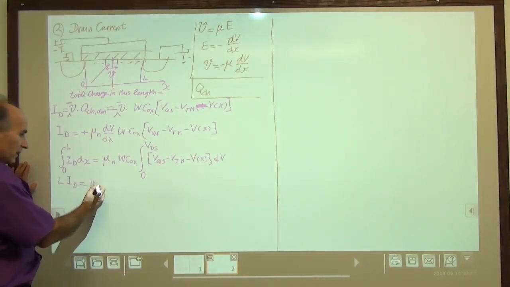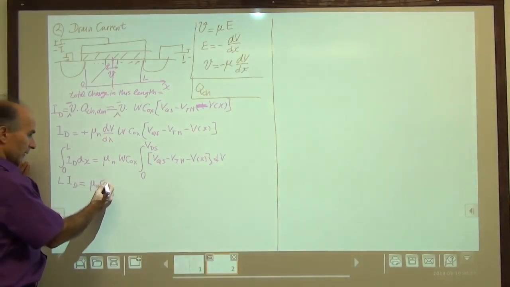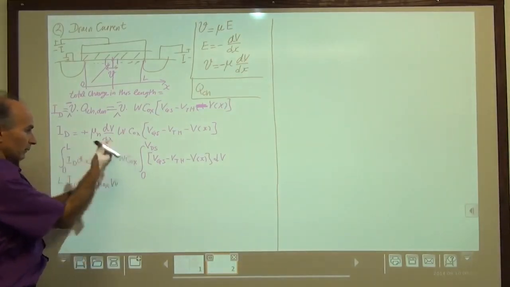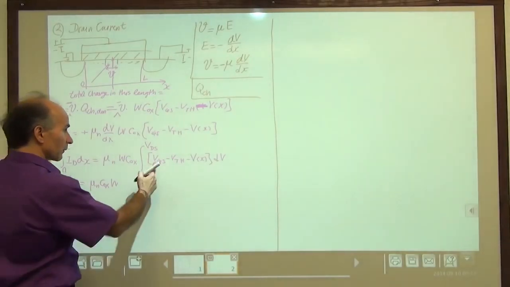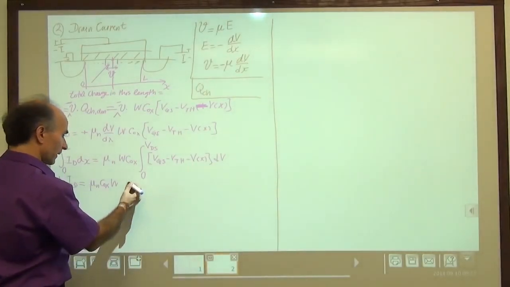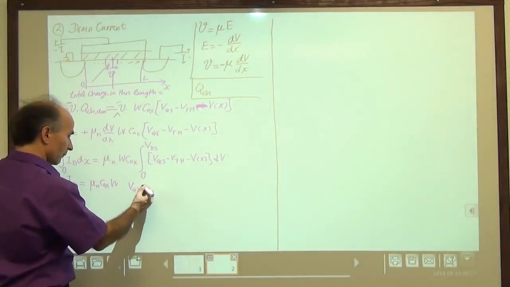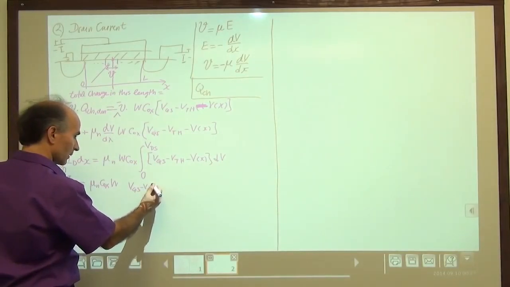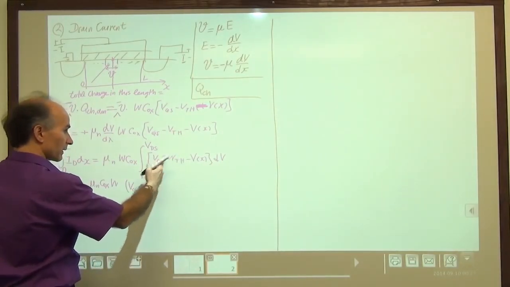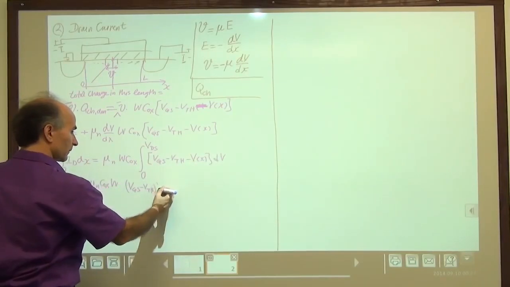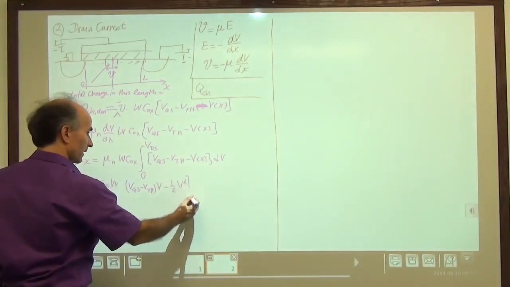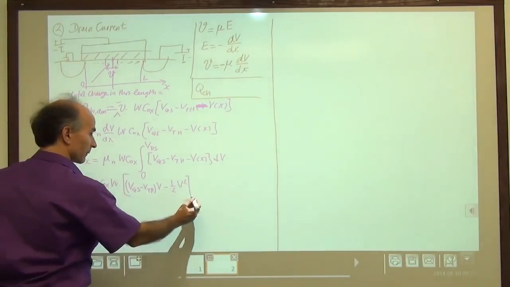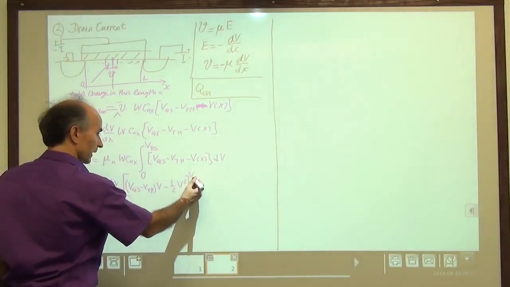equals mu n C ox W. I keep moving things around. We'll see later why. And then we integrate this. So we have VGS minus VTH. Because this is a linear term, we get V, and then minus 1/2 of V squared. And this has to be evaluated from 0 to VDS.